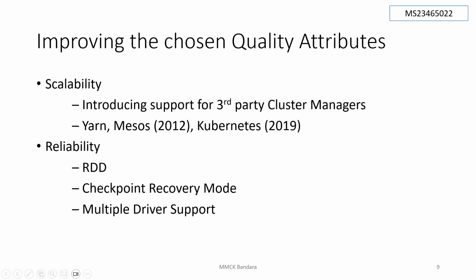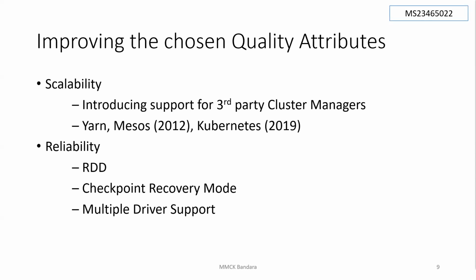In addition to that, we shall see how the quality attributes that we have discussed have been further enhanced by adding different functionalities or features to the Apache Spark system.